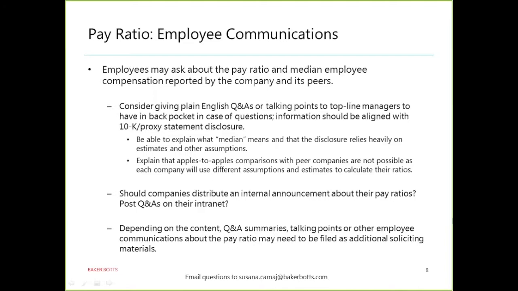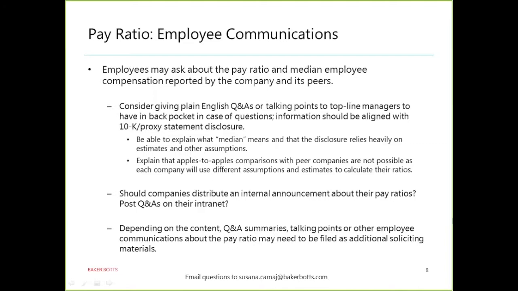And so one of the gating items, I suppose you could say, as far as employee communications go, is should we be including a copy of the proxy statement or an internal announcement about pay ratios or other Q&As on the company's intranet in order to be proactive in answering potential questions from employees.